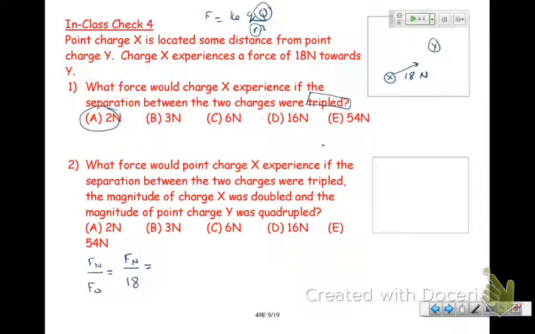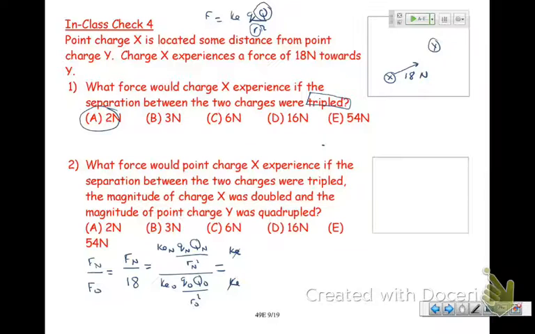It's just the ratio of k_e times q new times Q new over r new squared, divided by k_e, q old, Q old over r old squared. I don't know what the values are, but I know by what fraction they changed. k_e didn't change, so I could just cancel it out.